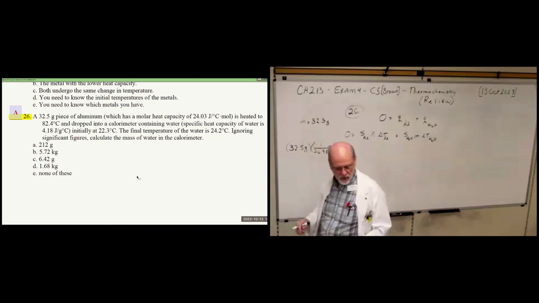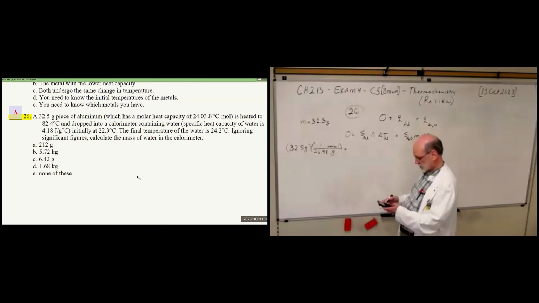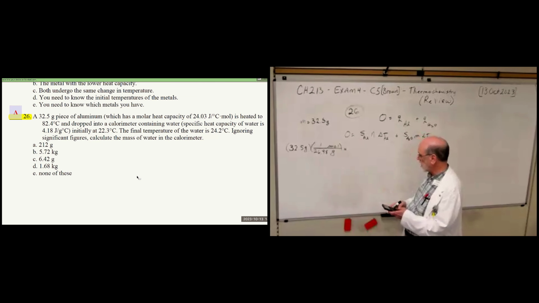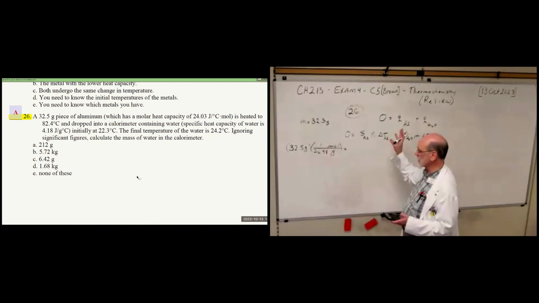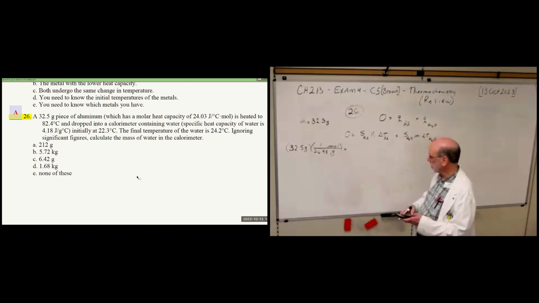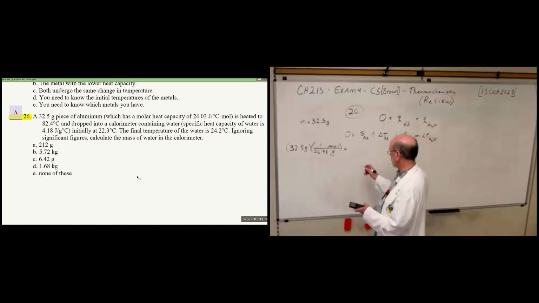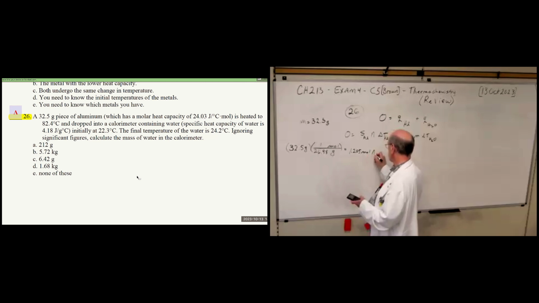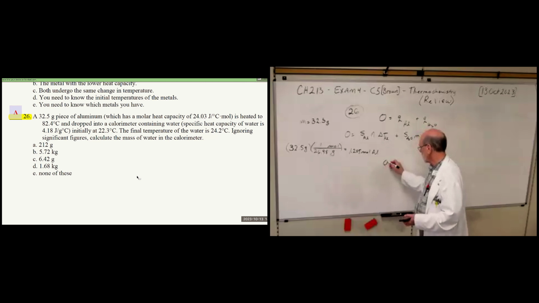Well, that'll tell us how many moles of aluminum we have, and then we can use the value that's given here for our specific heat. Sometimes specific heats are in terms of grams, and sometimes in terms of moles. 32.5 and 26.98, so that's 1.205 moles of aluminum.